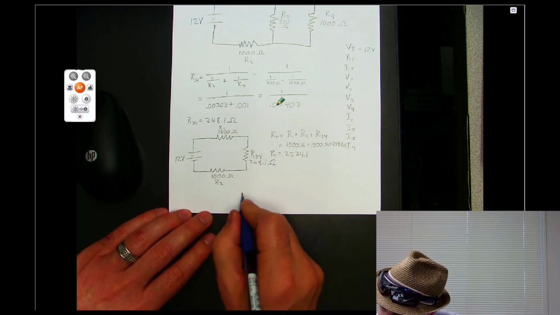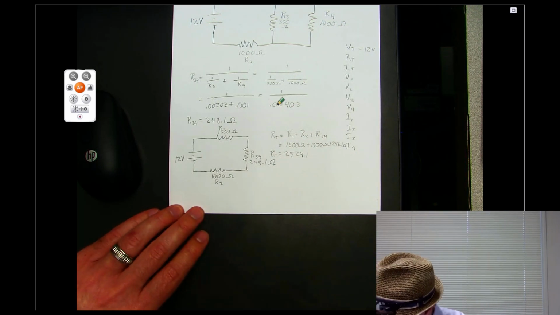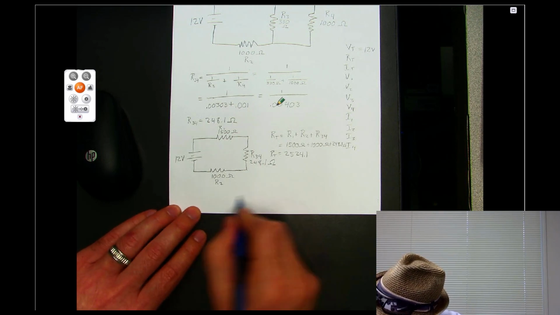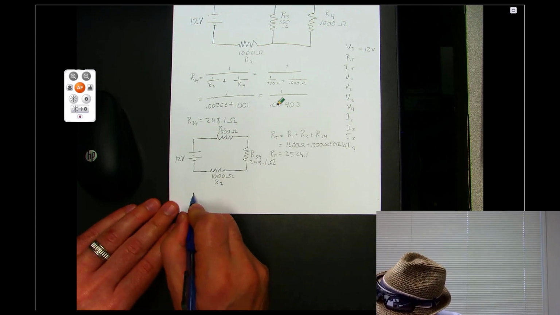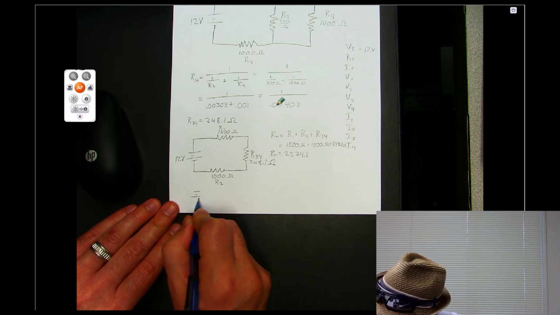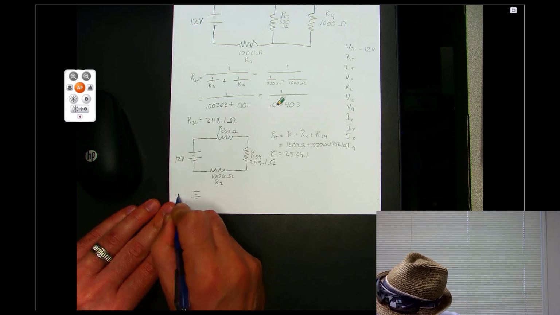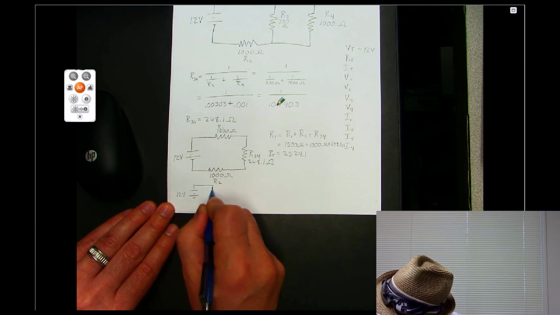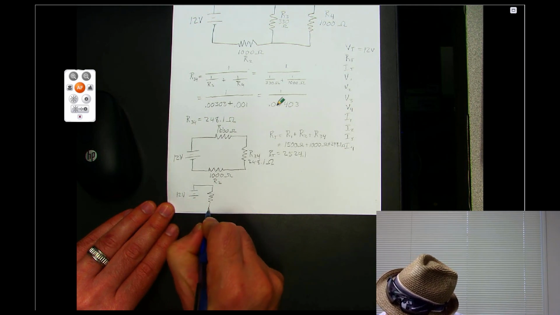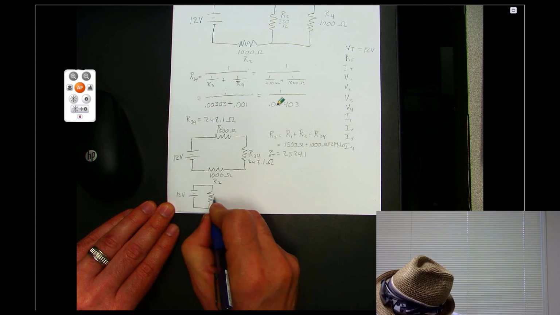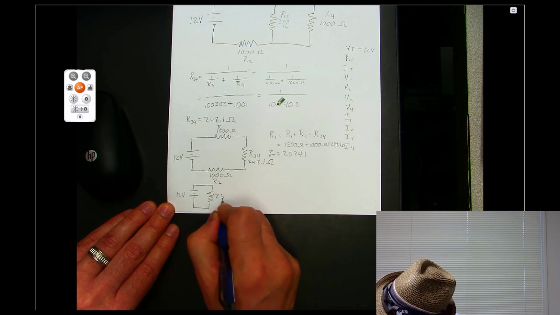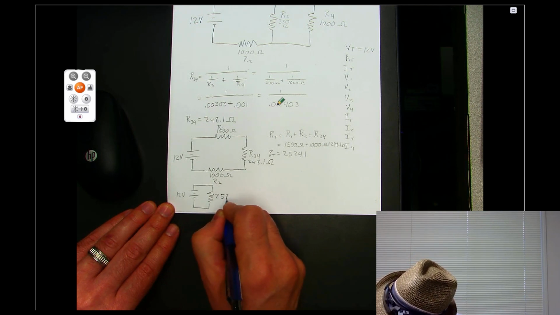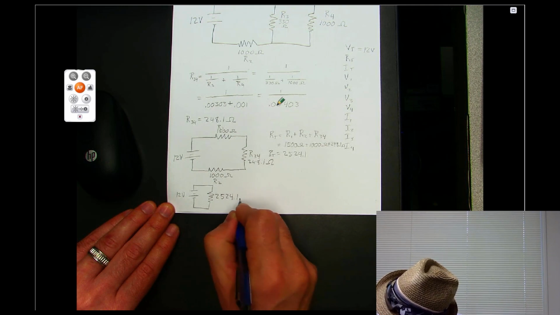So then I can redraw that circuit as just a 12-volt power supply and a single resistor that is 2,524.1 ohms.